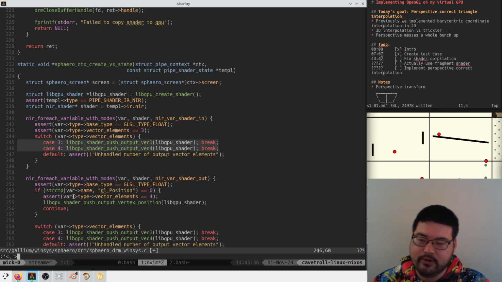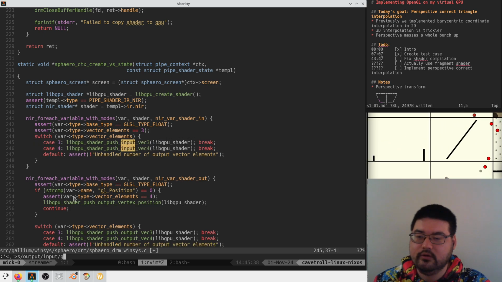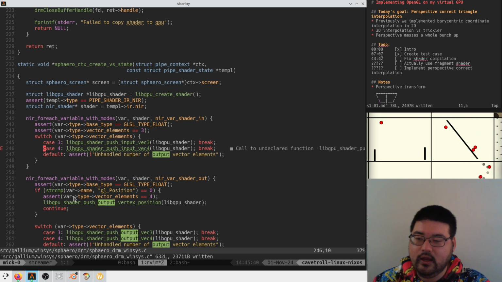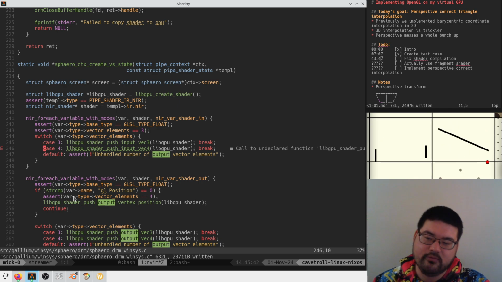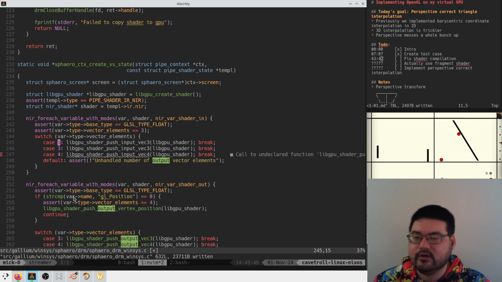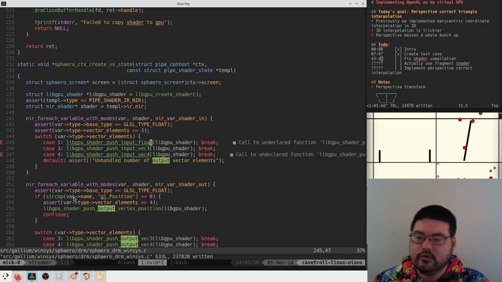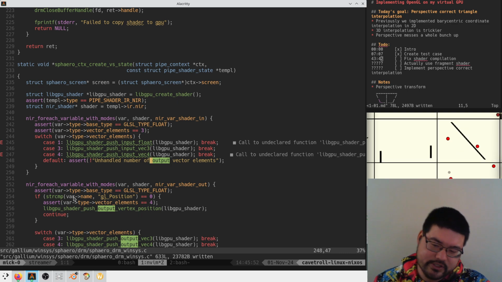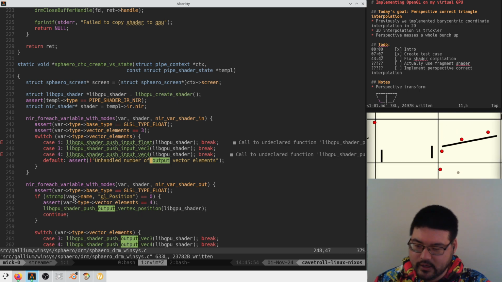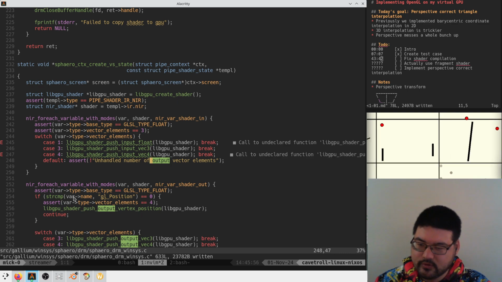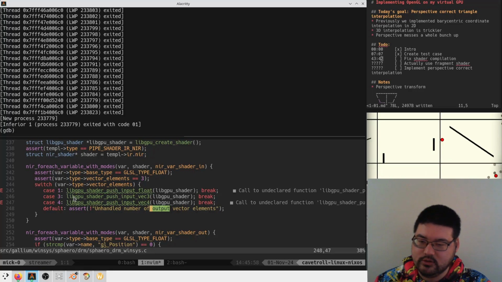But anywhere that says output here, we should say input. And we do have to support both vec4s as an input now, as well as floats. So we need to implement these functions in our GPU implementation. So I guess we can do that really quick too.